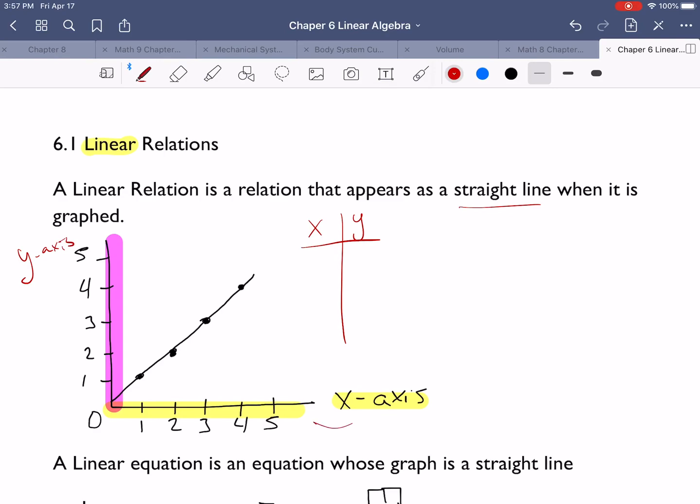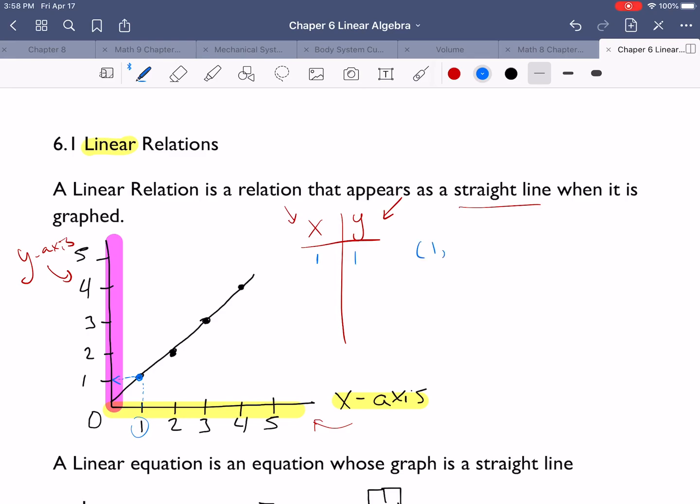So x is always on the bottom, y is always going up, and whenever you write a chart or use a graph, you always put the x on the first part and the y on the second part because they make coordinates. Back in grade 7, you used coordinates, and if we look at these coordinates right here, you always start with the x value first, so that's 1, and then you move over to the y-axis, so that's 1 and 1.